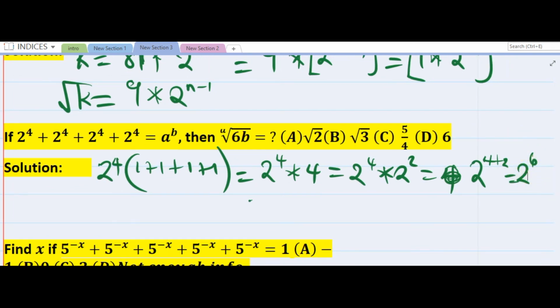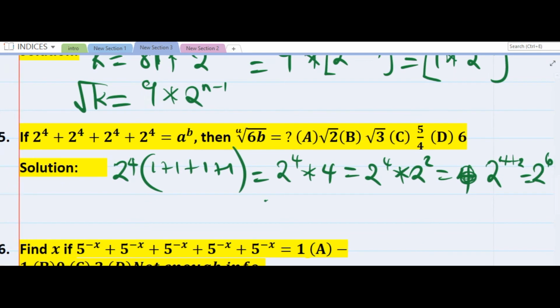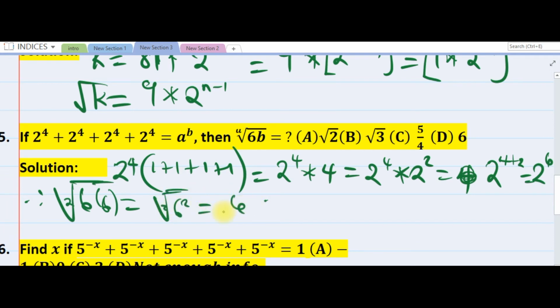So that's it, which implies a is 2 and b is 6. So the answer is D.